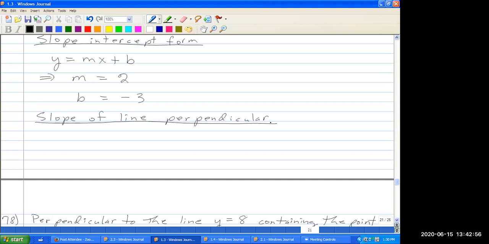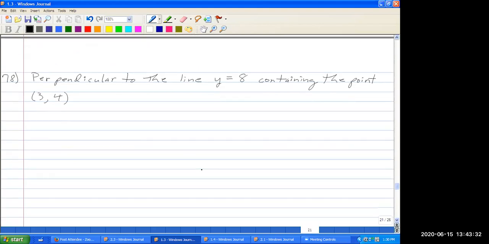Well, recall that to find the slope of a line perpendicular to another line, you just take its negative reciprocal. So I change the sign and take the reciprocal. And so the negative reciprocal of 2. So now I have a point and a slope. Let's use the point-slope form. As I indicated, the point-slope form is almost always the easiest form to use to solve problems.